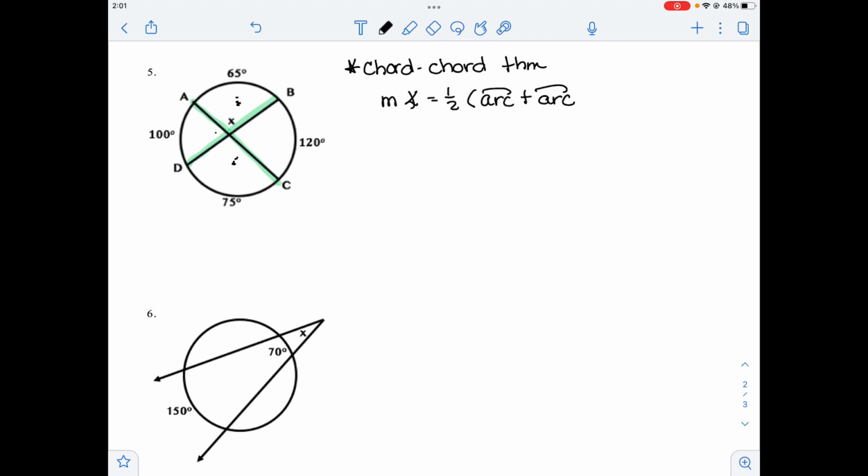If we had something here, like something here, we could use these to find it. So we're using the ones across. So we know that the measure of angle x is going to be half of 65 plus 75. So we would get the measure of angle x, after using your calculator, is 70 degrees.